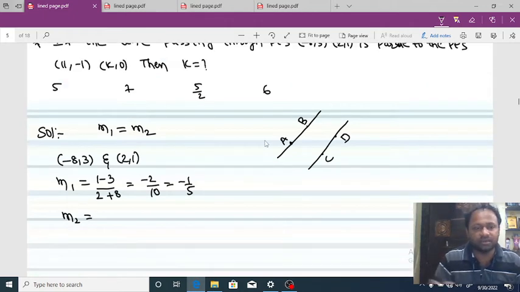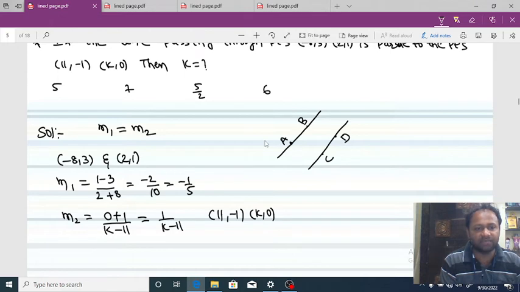Remaining points are 11 comma minus 1 as well as k comma 0. Okay, so M2 is equal to y2 minus of minus 1, plus 1, divided by x2, which is nothing but k minus 11. Here its value is 1 by k minus 11.